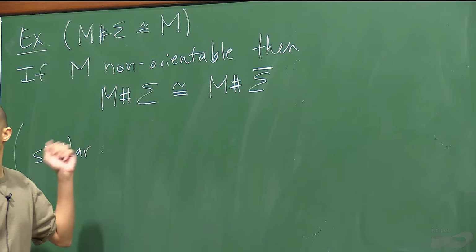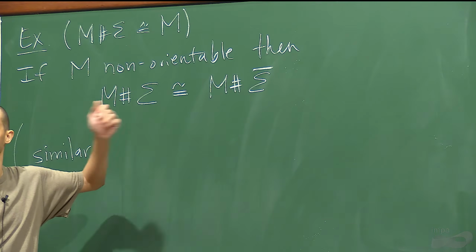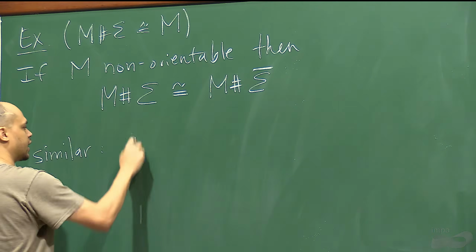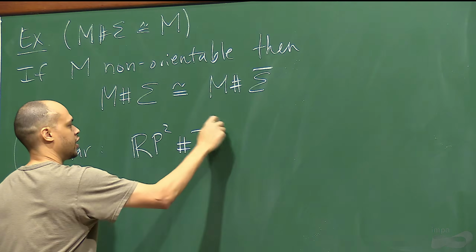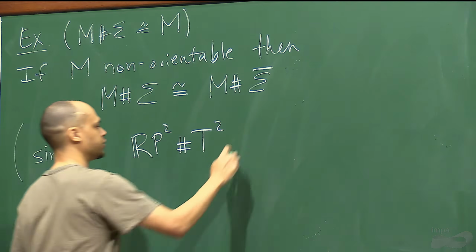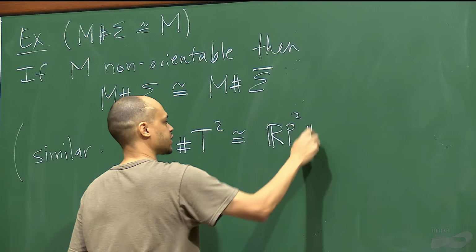This is entirely analogous to something hopefully familiar from surface topology, that for surfaces, if you take the torus connect sum RP2, this is diffeomorphic to RP2 connect sum the Klein bottle.